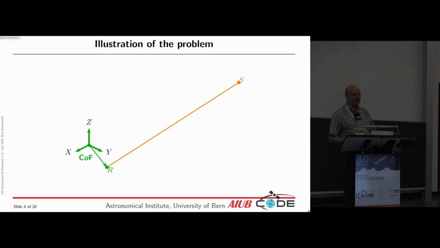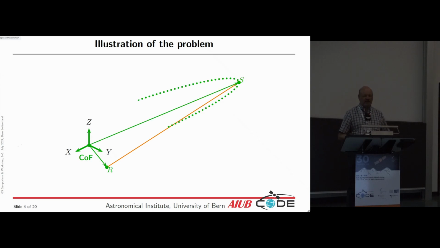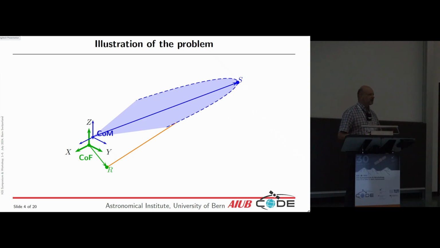Now if we have a satellite and a relation from the receiver to the satellite, and if the satellite positions are given also in the center of figure frame, then I can just interpolate without any force model between the positions. And the sampling in the SP3 file is exactly done in a way that it is possible. So, the satellite positions have to be in the same frame as the station coordinates, in the ITRF center of figure-based, so that this is working.